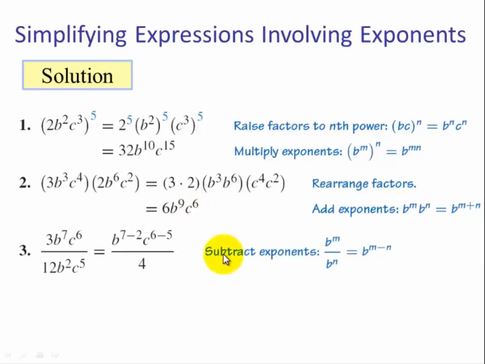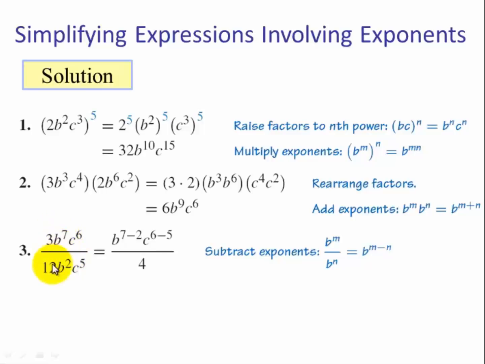Number 3, we have no powers to powers. We are dividing. So first, if we start with the numbers, we have 3 and 12 simplifies to 1 over 4, and 1 times b to the 7th, b to the 7th. Next, if we look at the base of b, we have b to the 7th in the numerator, b squared in the denominator.